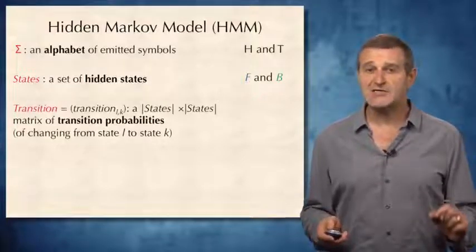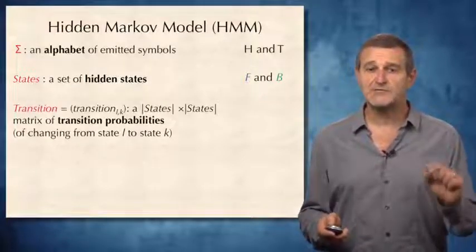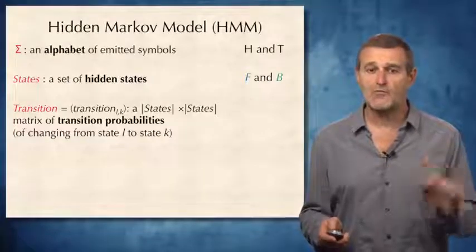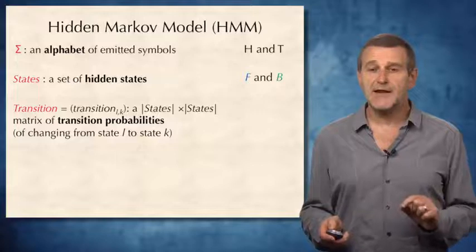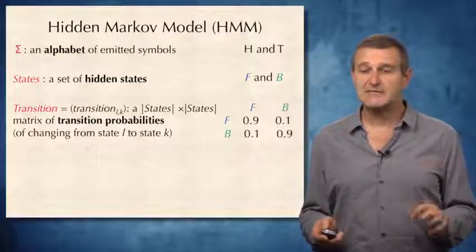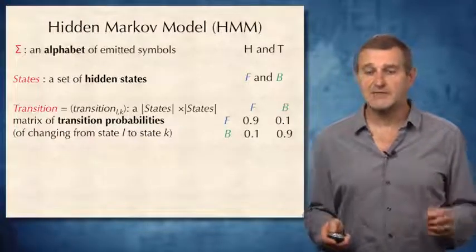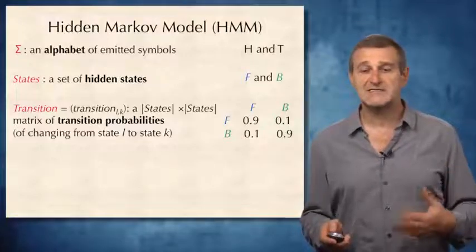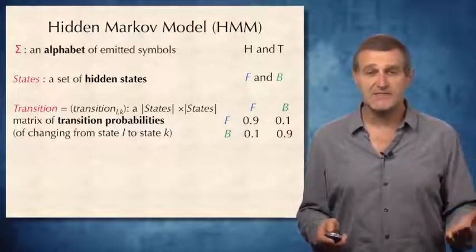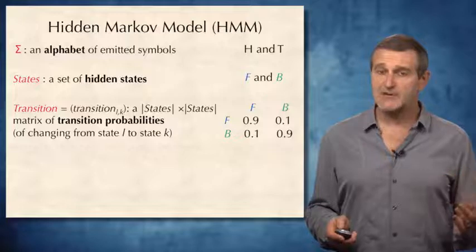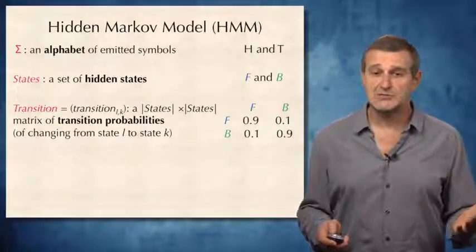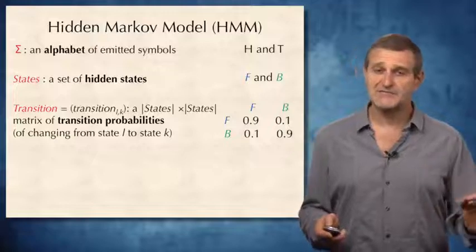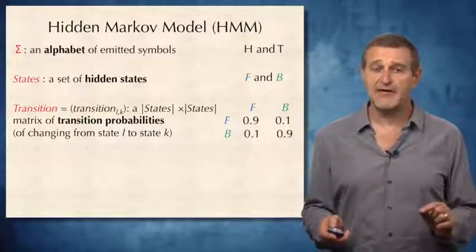Next, a matrix of transition probabilities which describes the probability of moving from state L to state K. In our example of the Crooked Casino, this is the matrix. For example, the probability of moving from state F to state F is 0.9, but the probability of moving from state F to state B will be 0.1 because the probability of switching coins is 0.1.